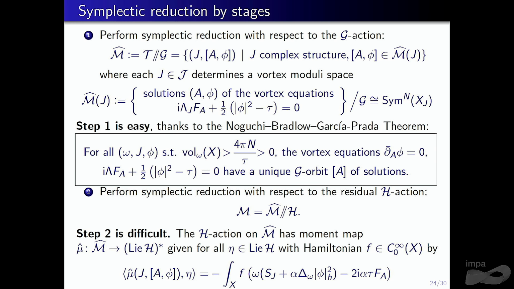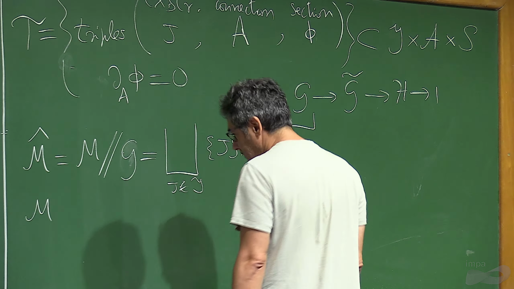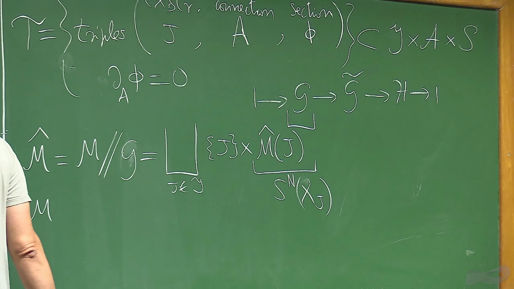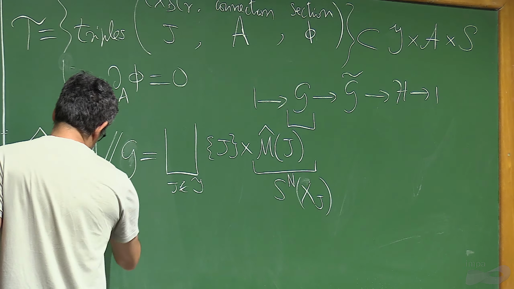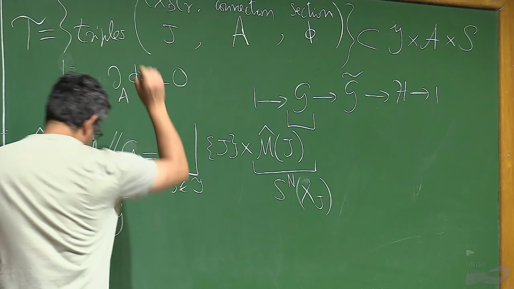Okay. Let's see. Now, the difficult part comes now. We want to construct, so this is just this. Now, the moduli space we want is this.